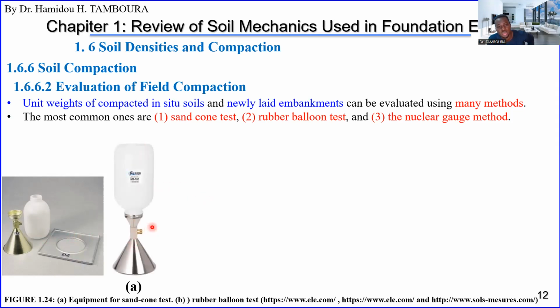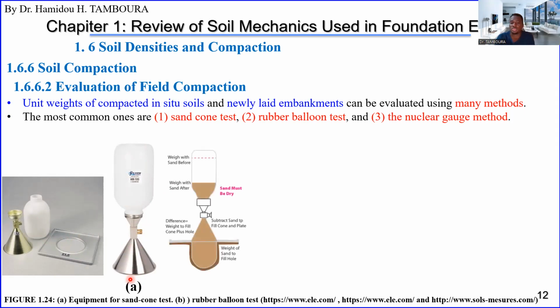You put it here, and this is like a valve to close it. So the sand will be inside here, and you can open the valve to let it go. So it means you have to dig to make a hole in your compacted soil. Okay, in your compacted soil, and put the sand inside.